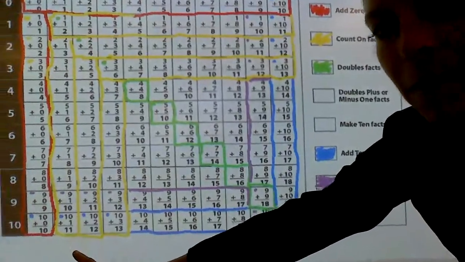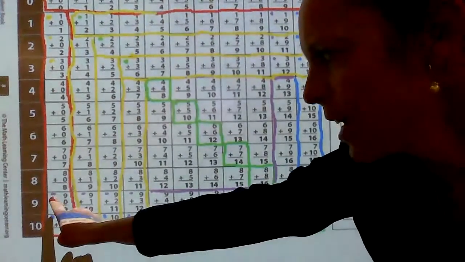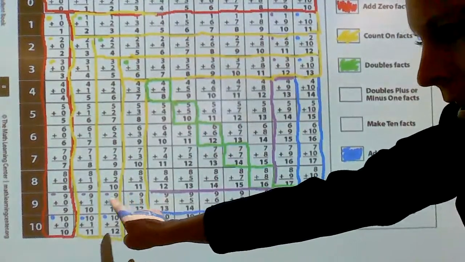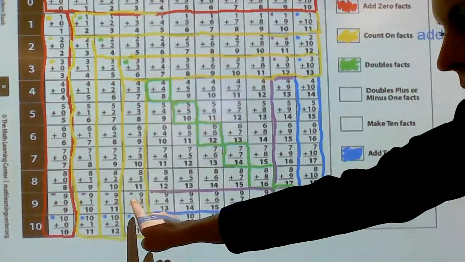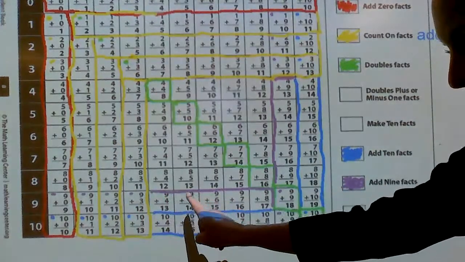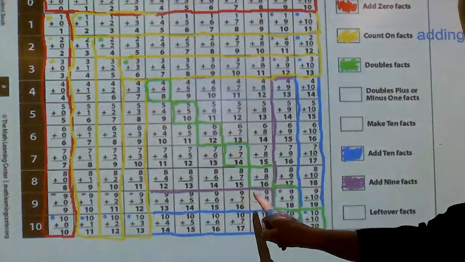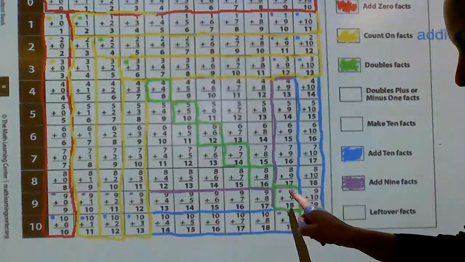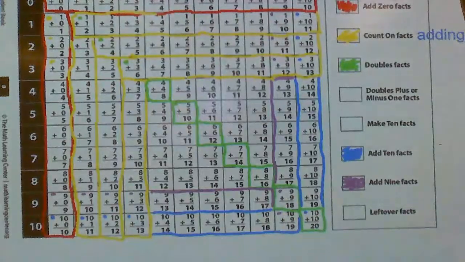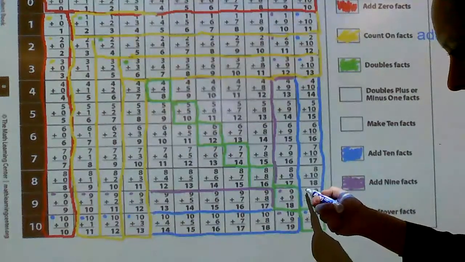You'll see at the bottom of the table, I started with a dot because I had already highlighted those. So there's a purple dot in the add 9 row, and then I put a box around 9 plus 4, 9 plus 5, 9 plus 6, 9 plus 7, 9 plus 8. I put a dot in 9 plus 9, and a dot in 9 plus 10.